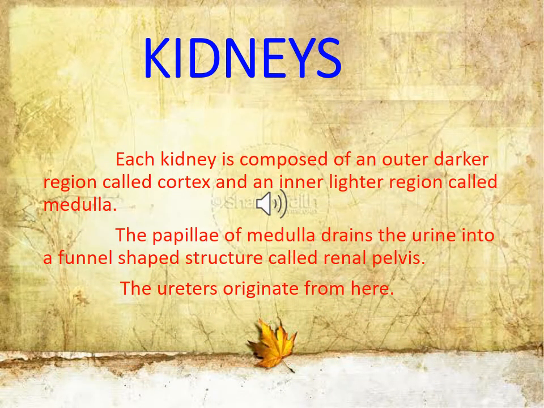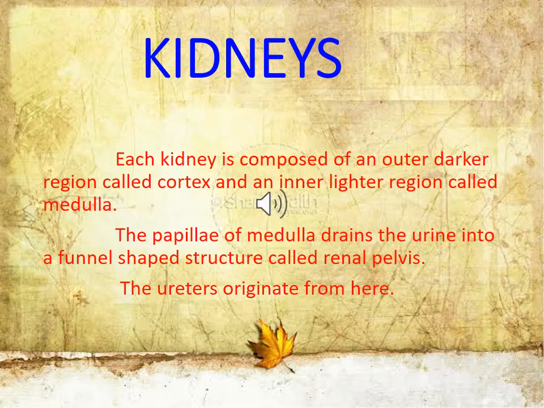So now we will learn about the kidneys, and those kidneys are the most important organ associated with the excretory system in humans. So the structure of kidneys, we already know that kidney is bean shaped. Okay, and each kidney is composed of an outer darker region called cortex and an inner lighter region called medulla. And within this medulla, there are some triangular or pyramid shaped structures which we call the papillae of medulla.